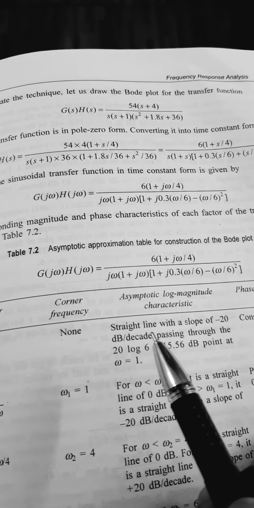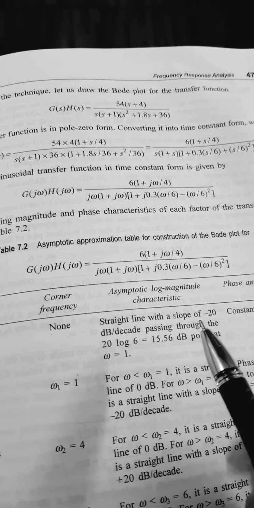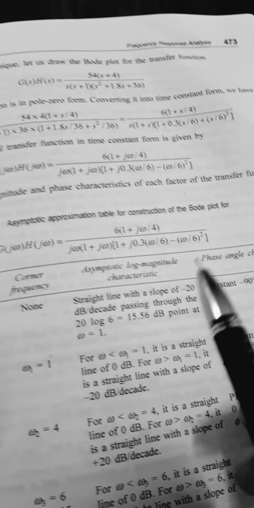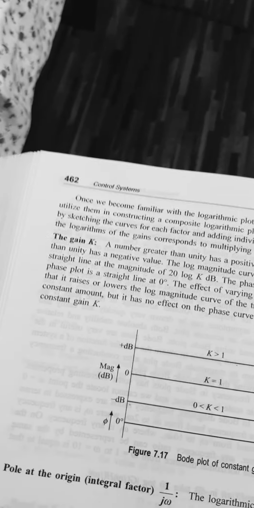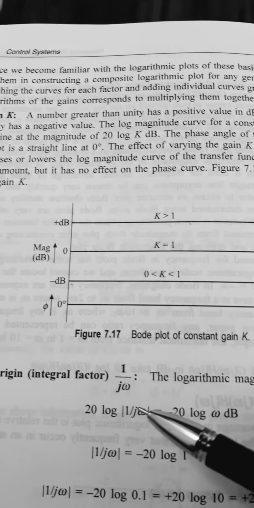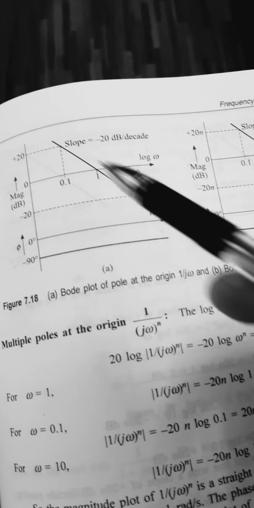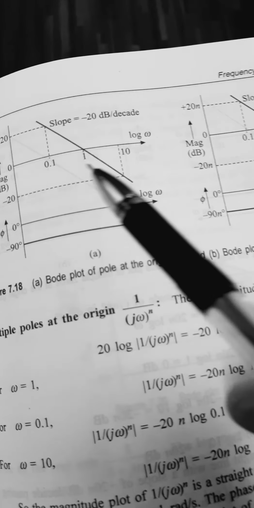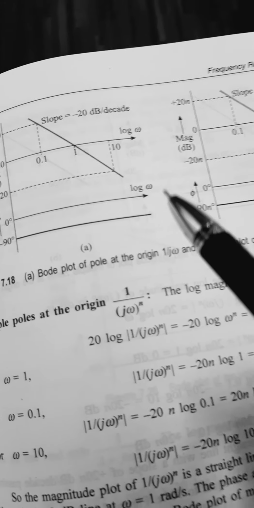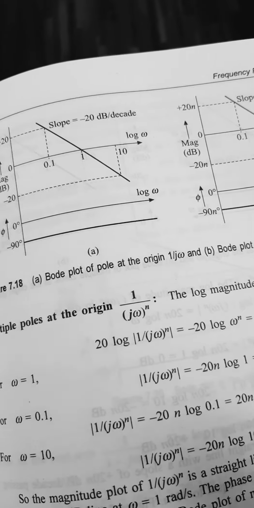The straight line has a constant slope of minus 20. In order to see whether there is a corner frequency or not, you can examine the graph. In this case also, there is no change in the graph; it is going in the same form. That is why there is no corner frequency.